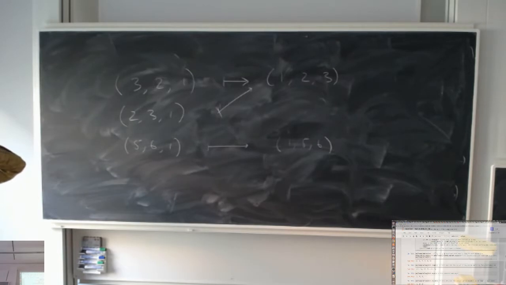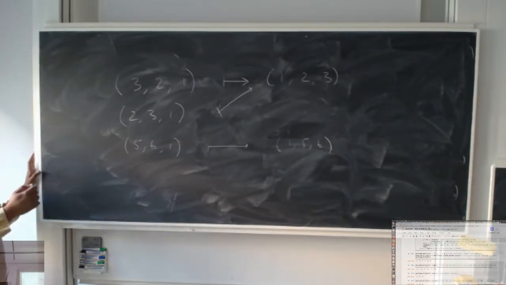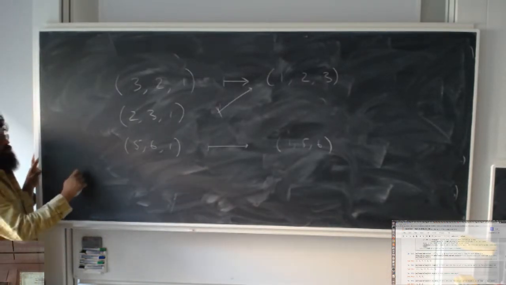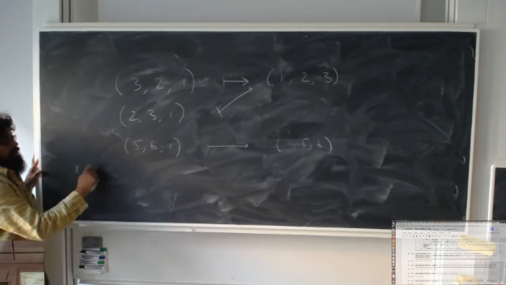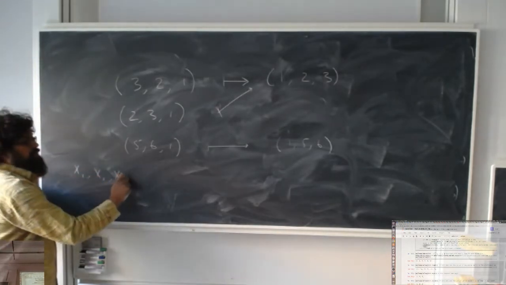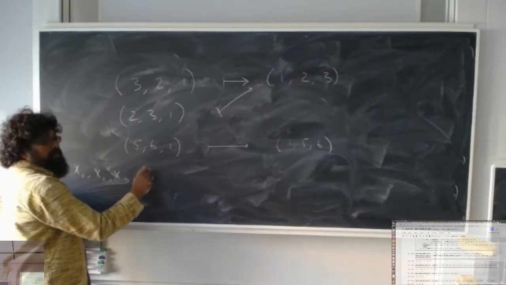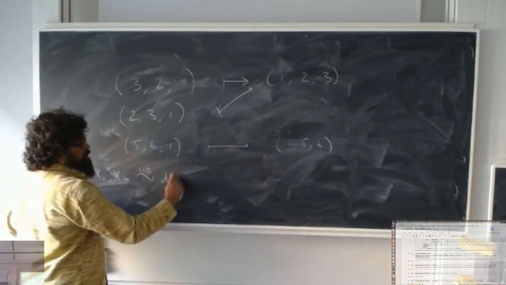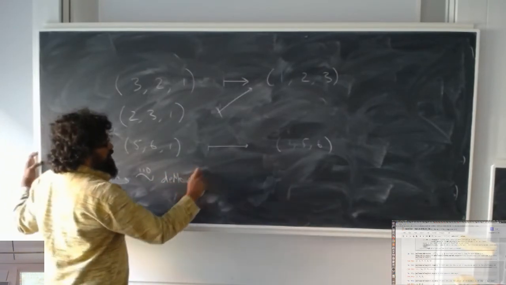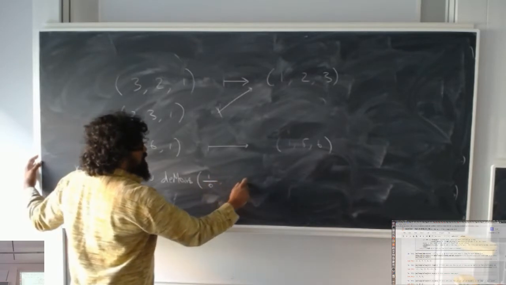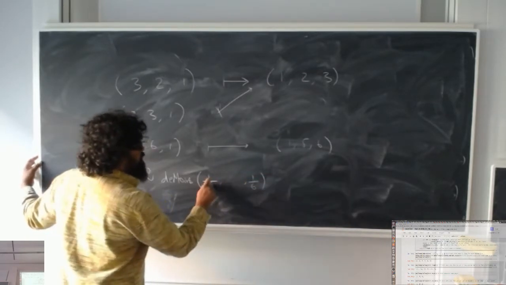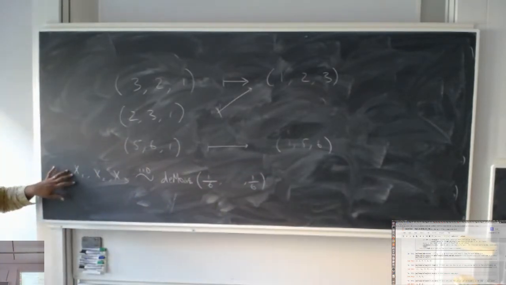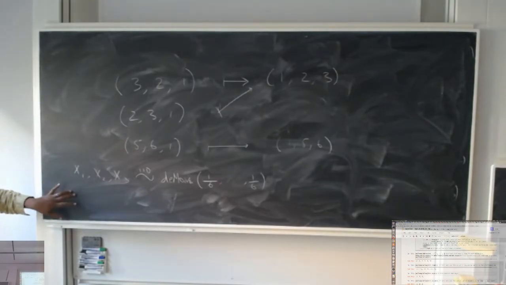So what is my data space for that experiment? I have X1, X2, X3 IID de Moivre 1 over 6, 1 over 6, and so on. So I'm rolling a fair six-sided die 3 times.